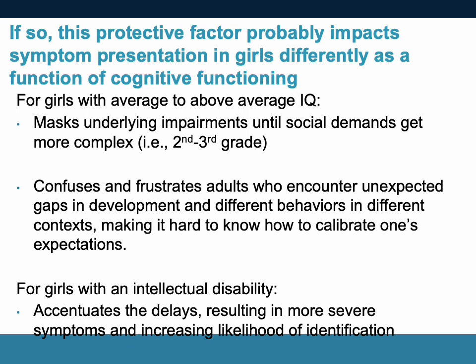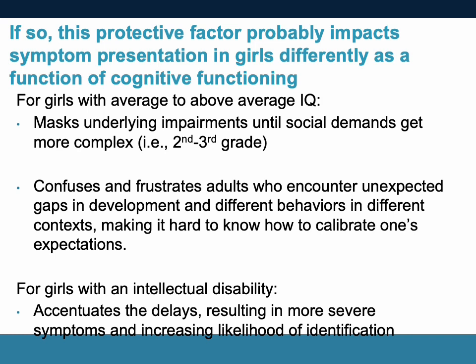Well, it might mean that if the girl has average to above average IQ, you may be able to see those small social behaviors that are enhanced by this protective factor as really positive, and it could mask their underlying impairments until those social demands get more complex. Particularly given that any child who has the cognitive ability can often use a cognitive means to behave better socially, but it may not necessarily be an intuitive way of behaving better socially.